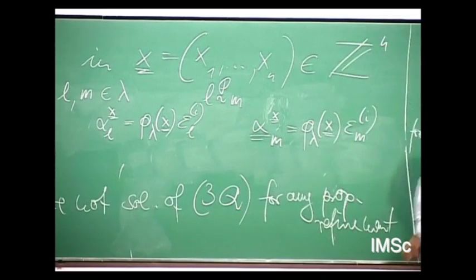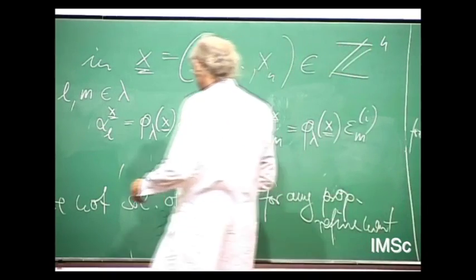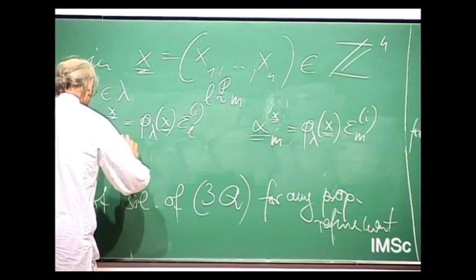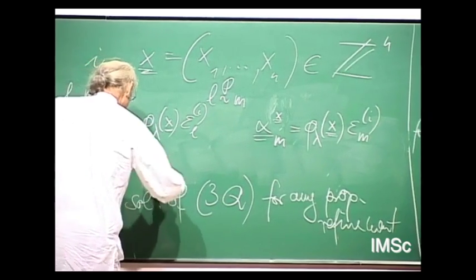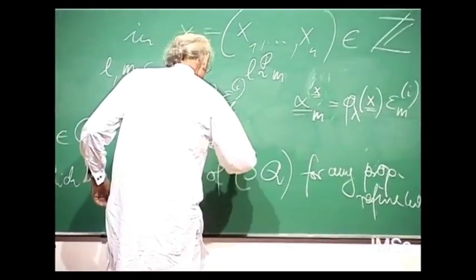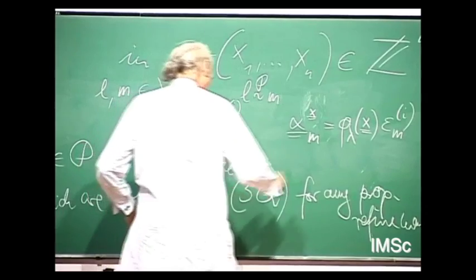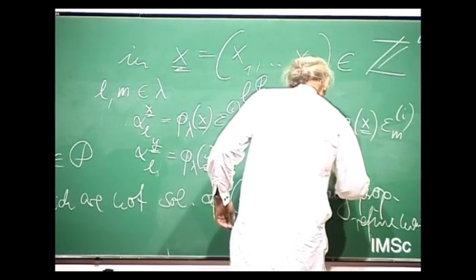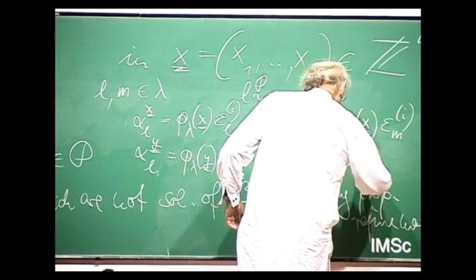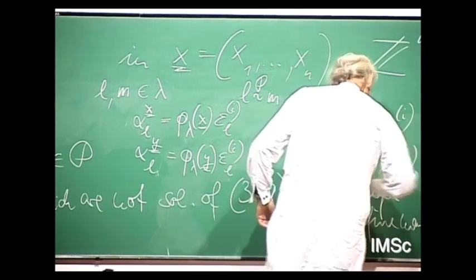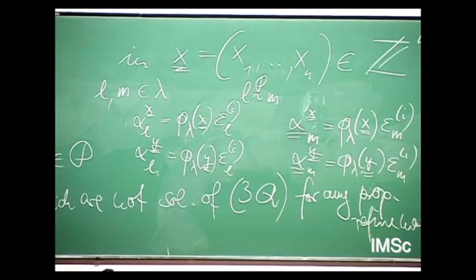And now similarly I can write down the same thing for alpha L and alpha M to the y. So I get alpha L to the y is equal to phi lambda of y epsilon L super I, and alpha M to the y is equal to phi lambda of y epsilon M super I. Well, let's see.